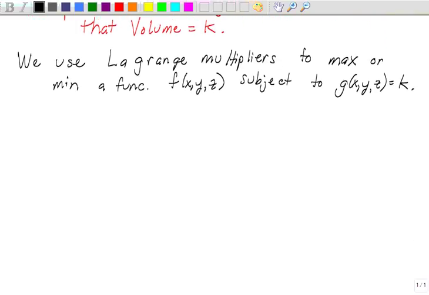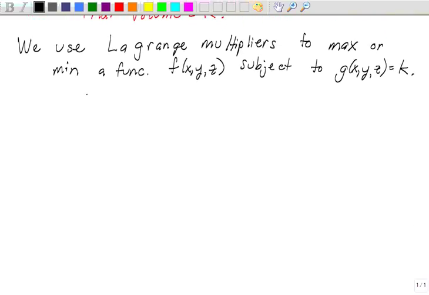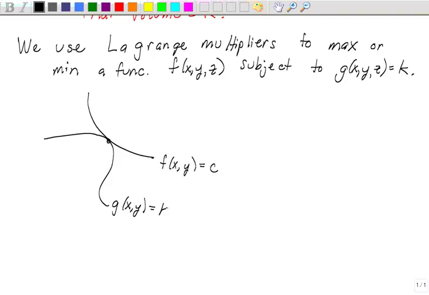Okay, and let me just draw kind of a picture to explain this. Here's where, say, a function of 2 variables is equal to a constant. So that's the level curve. And then you have another function coming in here. And that's where it's going to be maximized, where they intersect.